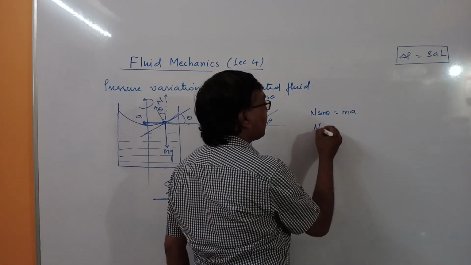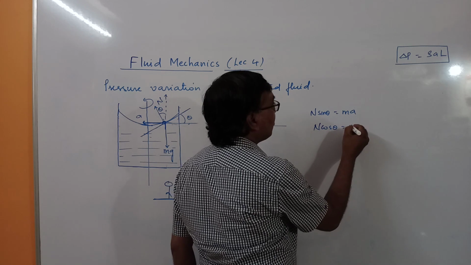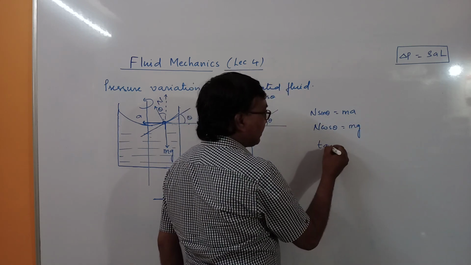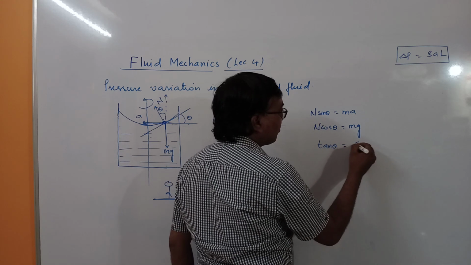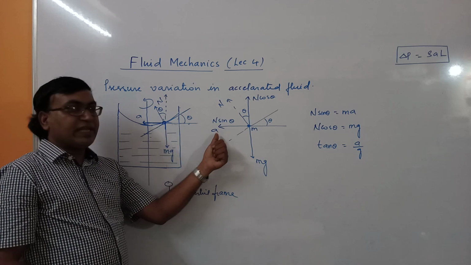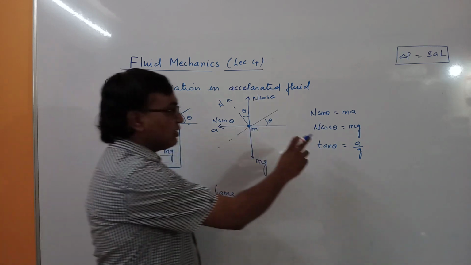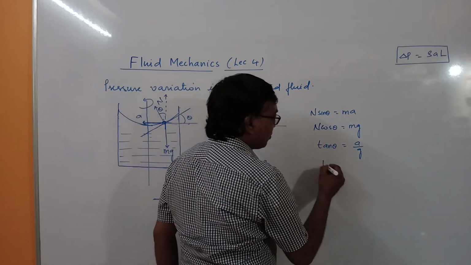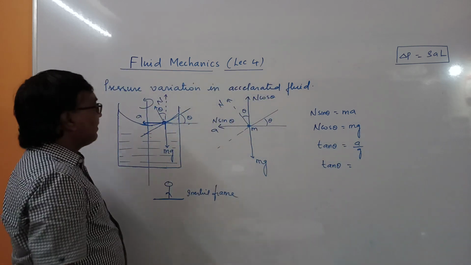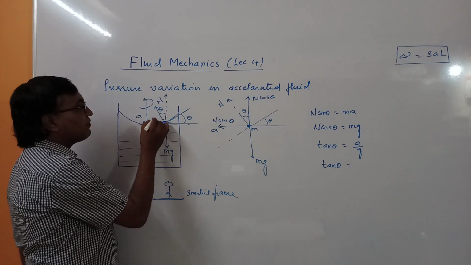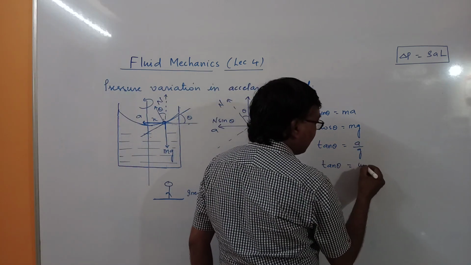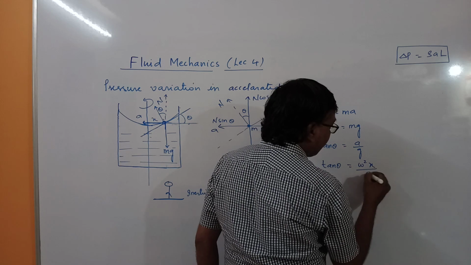If you divide these two equations, we get tan theta equal to a by g. Now the acceleration of this particle is due to rotation, that is centripetal acceleration. So tan theta will be equal to, let us say this particle is at a distance of x, omega square x by g.